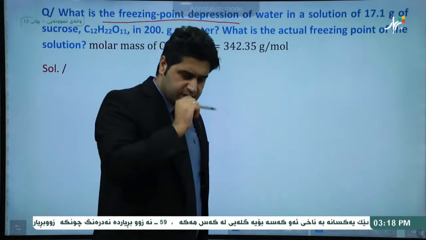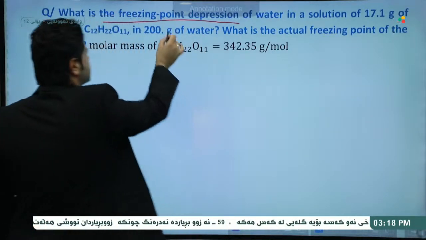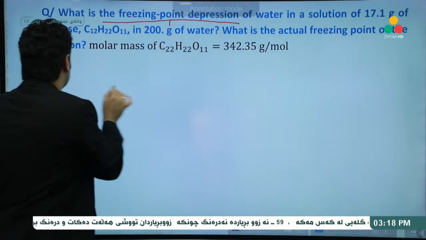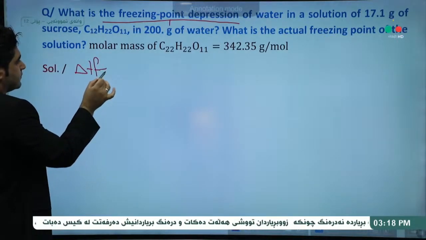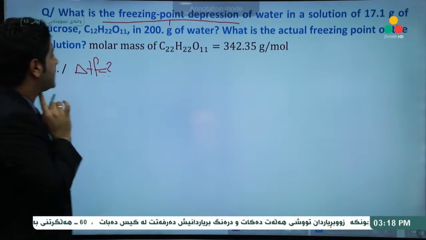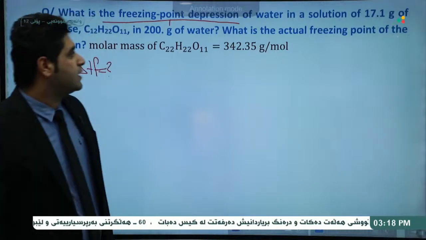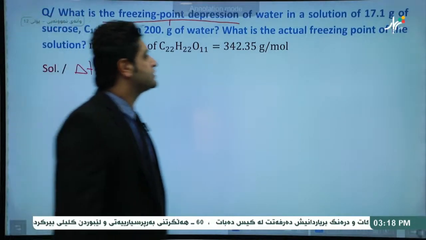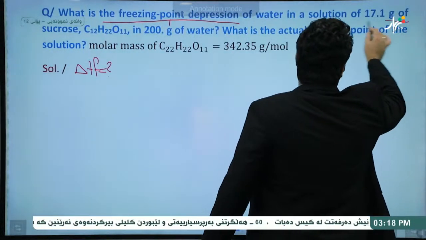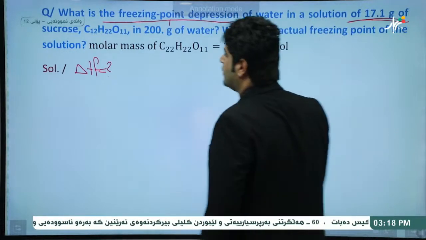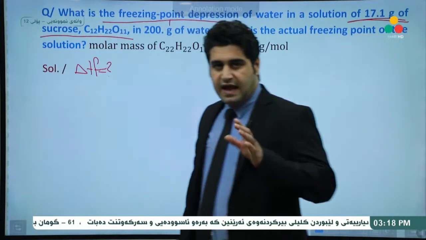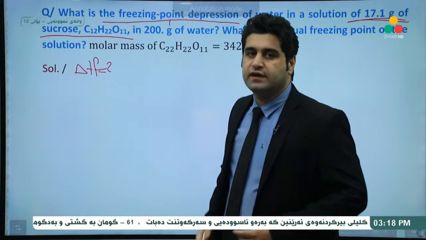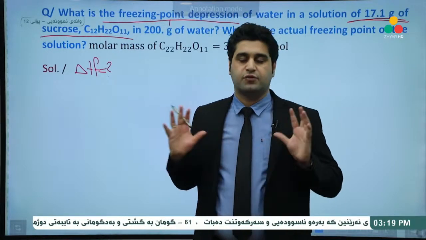That's the freezing point depression, delta Tf. What is the freezing point depression of water in a solution of 70.1 gram of sucrose? I'll tell you two steps of solving questions about colligative properties.